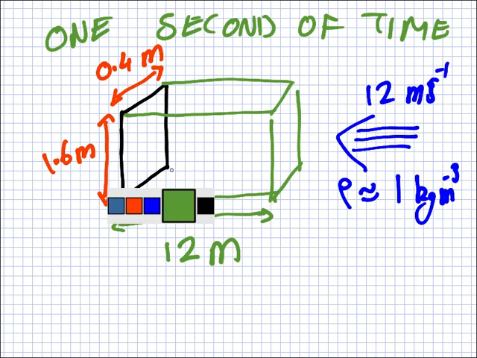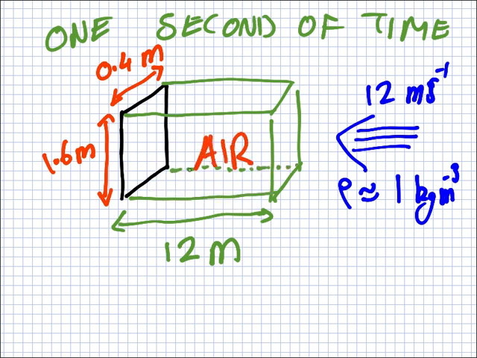Only the air in here is going to hit the student. The air behind him is not going to hit him. It's only the air right in front of him that's going to hit him if he's walking into the wind.